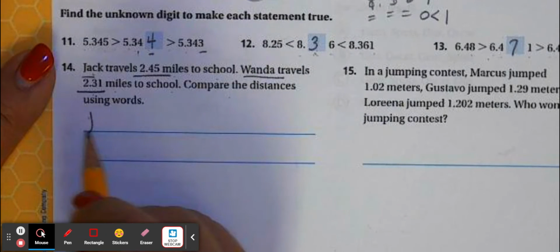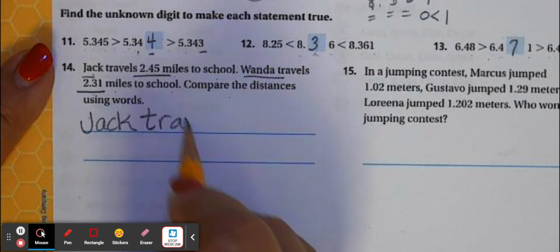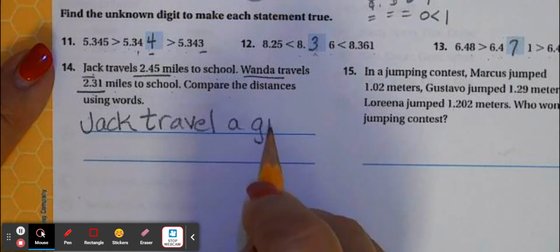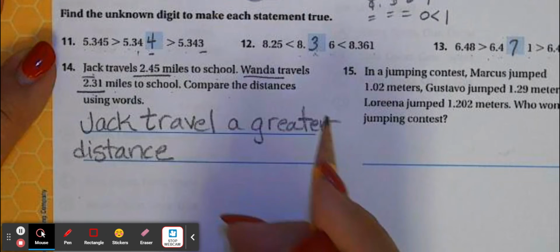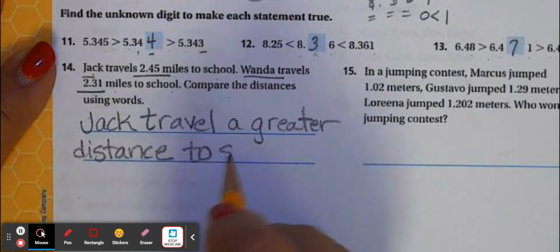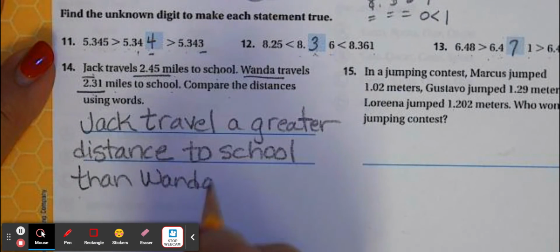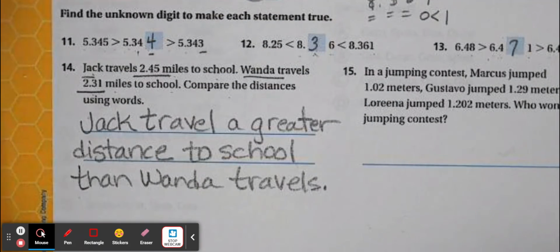I can say that Jack travels, very good, a greater distance to school than Wanda travels. Okay? You can word it any which way. This is just getting to the point.